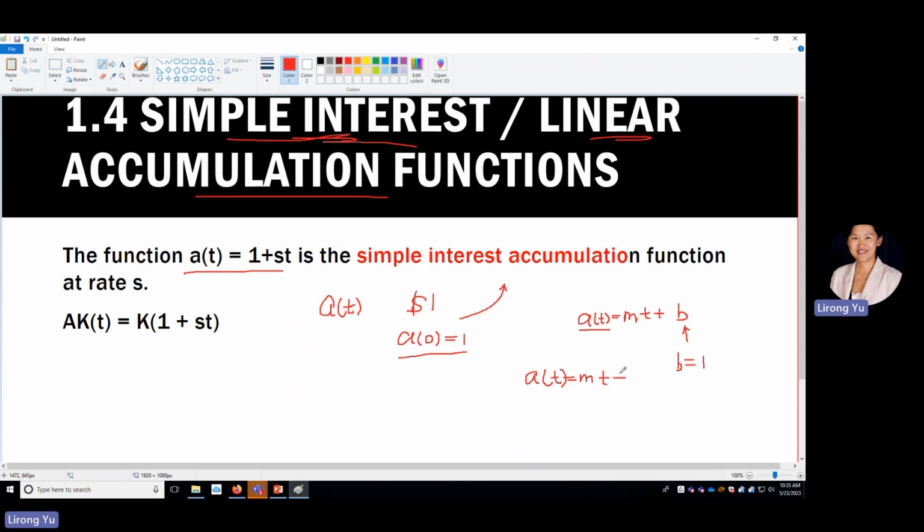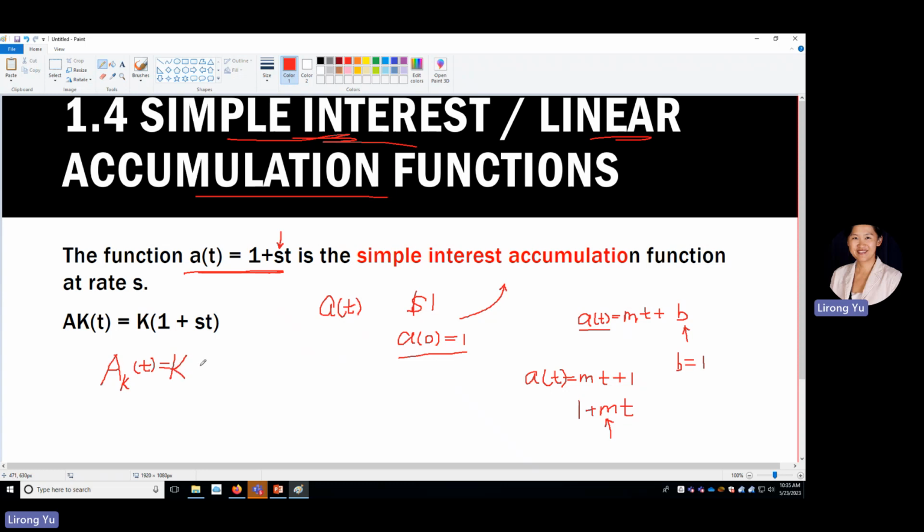I'm trying to lead using a linear model from college algebra to this formula. So it looks already pretty similar: 1 plus mt, where m is the slope and t is the time. But we do not use m. m is the college algebra notation for the slope. Here, we use a little letter s for the slope of the accumulation function. Then again, the amount function in the text is A k t, where k is the principal value, and we are assuming it's proportional to the accumulation function.